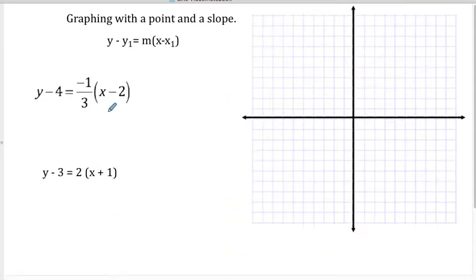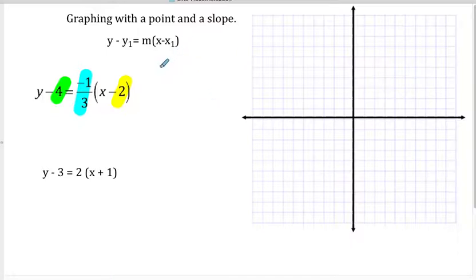And we can use this point-slope form then to graph points, graph lines on our coordinate plane. So for example, I could take a look at this equation and I could see, well, I've got an x1 value here of 2. I've got a y1 value of 4. And I've got a slope of negative 1/3.